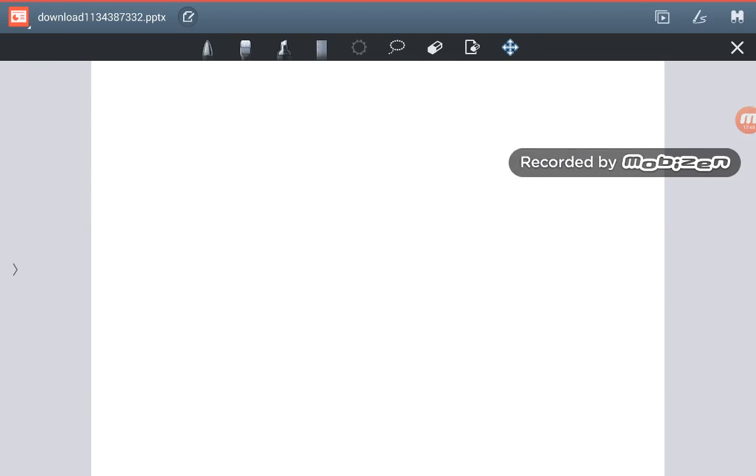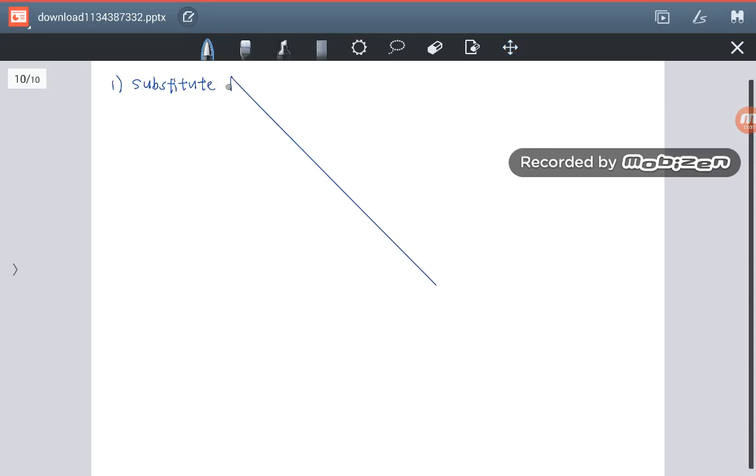Okay, so the first step, substitute for T in degree Rankine.